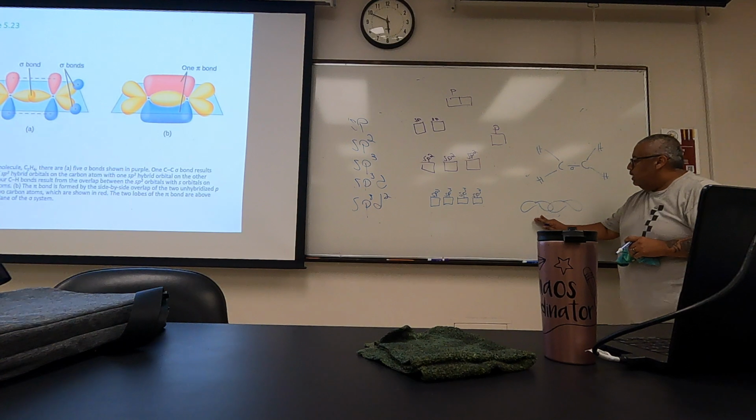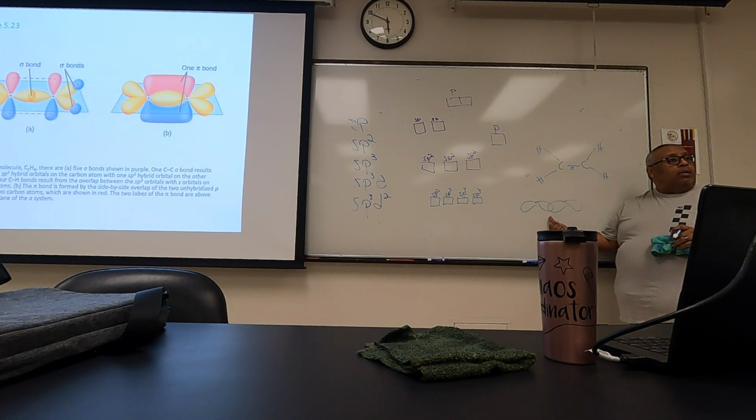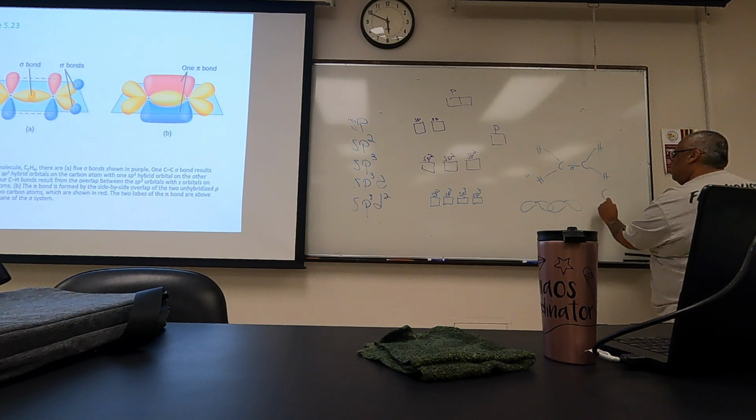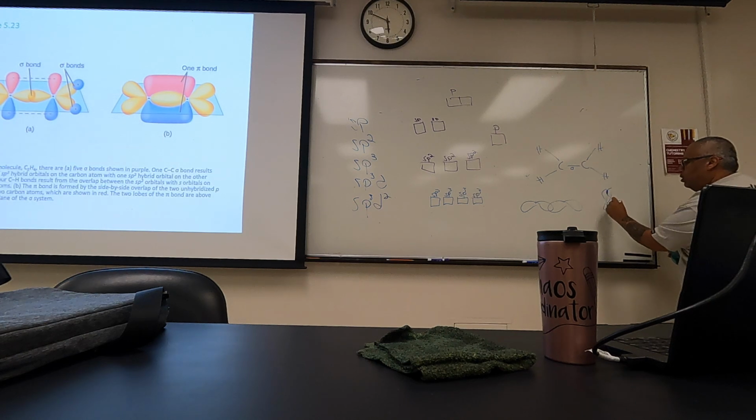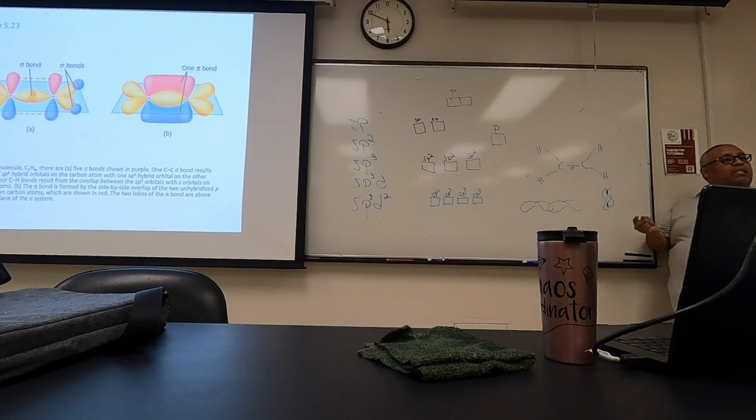Does this create a pi bond? This is a sigma bond. The only time that we can create a pi bond is when we get this overlap from the orbitals being side by side, versus head on. This creates pi.